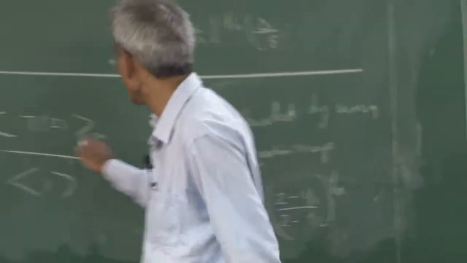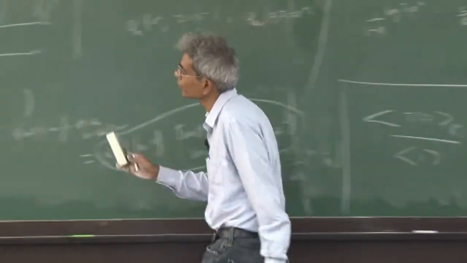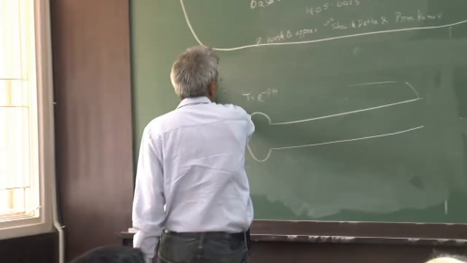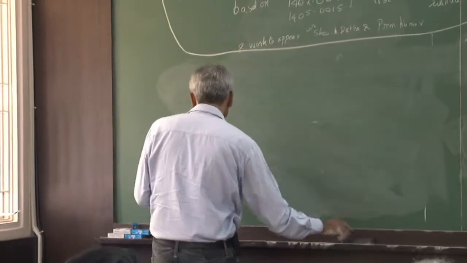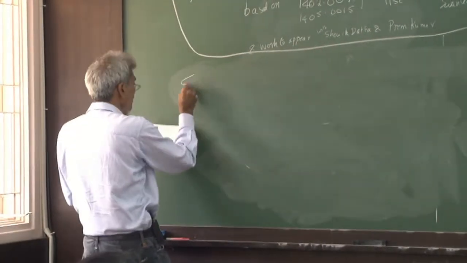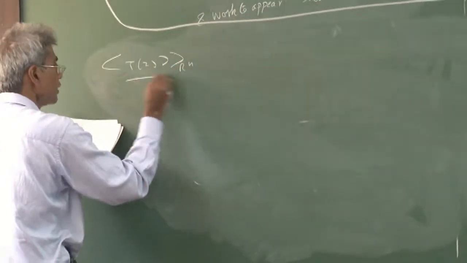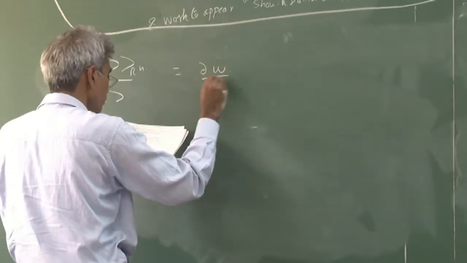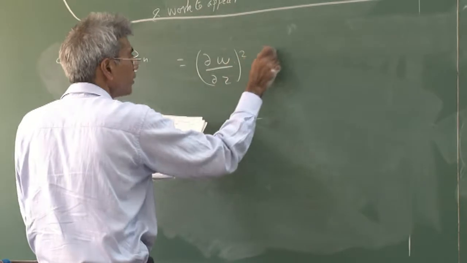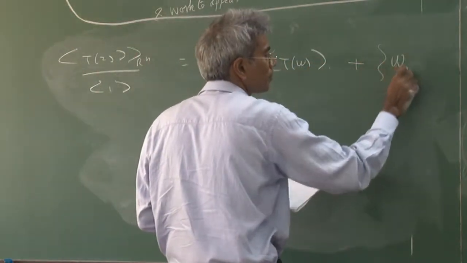And if you want to evaluate this, you can use the conformal transformation. So, again I am going through this. If you use the conformal transformation to the w plane, to the uniformized plane, it is basically del w by del z, the whole squared, times T of w, plus the Schwarzian.